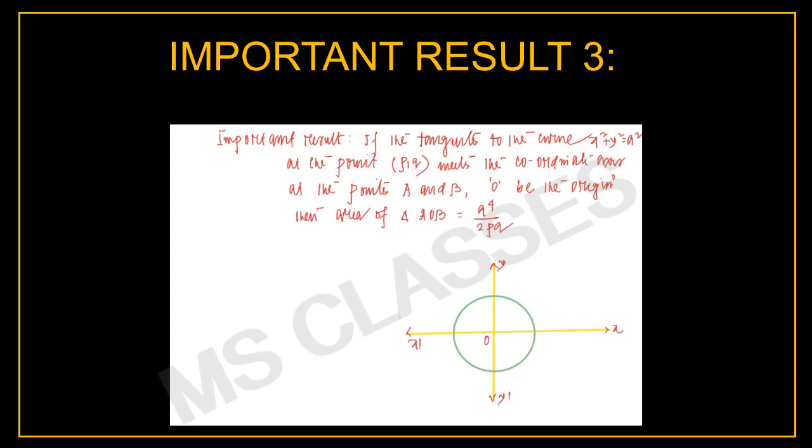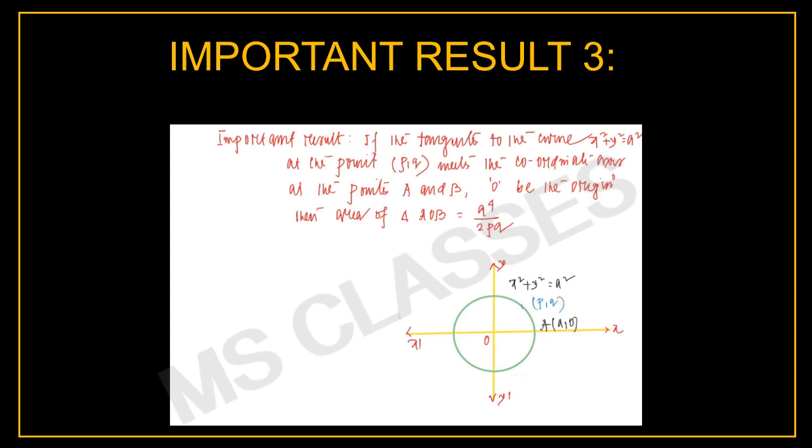Here the equation of the circle is x square plus y square equal to a square. The radius is (a, 0), so this length will be a unit. Now at a particular point the tangent is drawn. We take this point as (p, q).